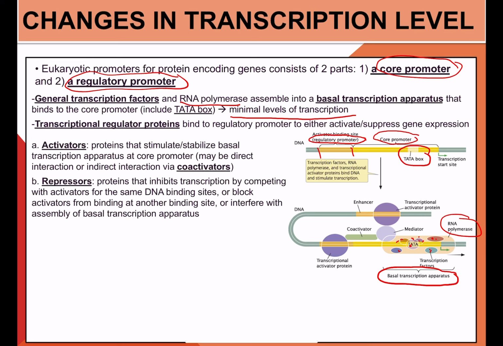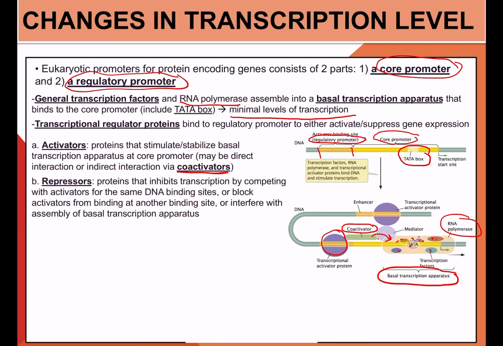If an activator binds to the regulatory promoter, then it will stimulate transcription by either stabilizing the basal transcription apparatus and/or indirectly stimulate transcription through a co-activator. A co-activator is something that might bind to your transcriptional activator, which will connect to your basal transcription apparatus through another thing, maybe mediator.